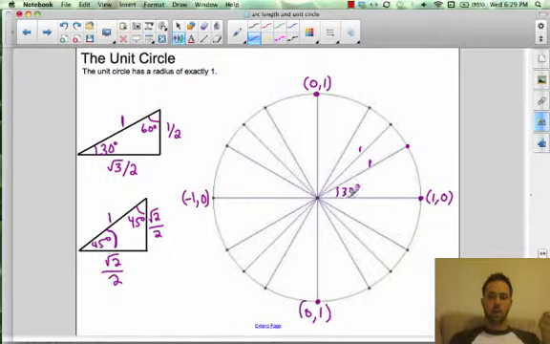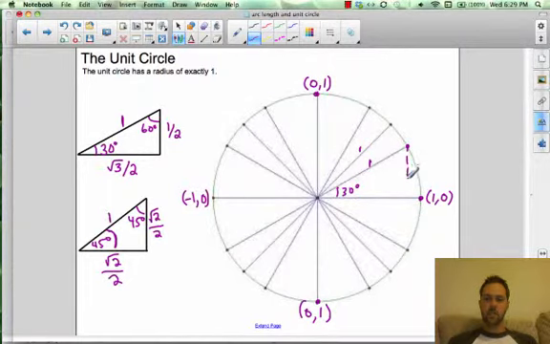Now, this angle is 30 degrees, which is also pi over 6, and we know that this value is 1. If we drop this straight down from this point, this will make a 90-degree angle with our x-axis. Now, since this is 90, we can refer to our triangle over here. We would know that this distance from the x-axis up to this point is exactly 1/2.